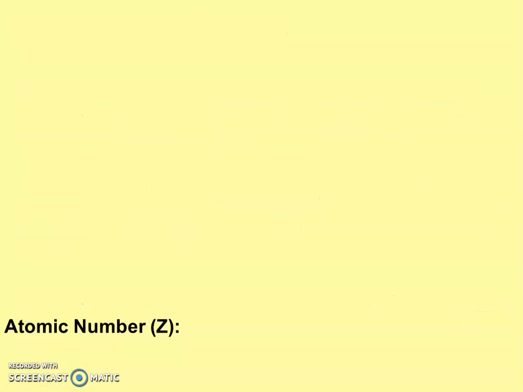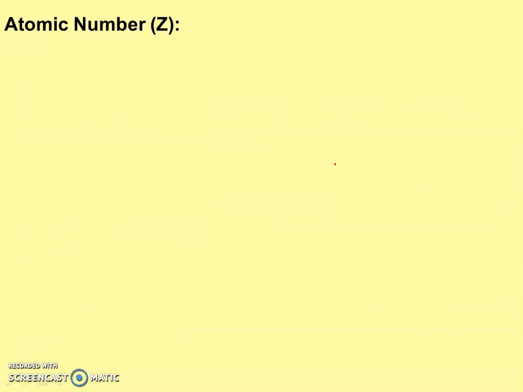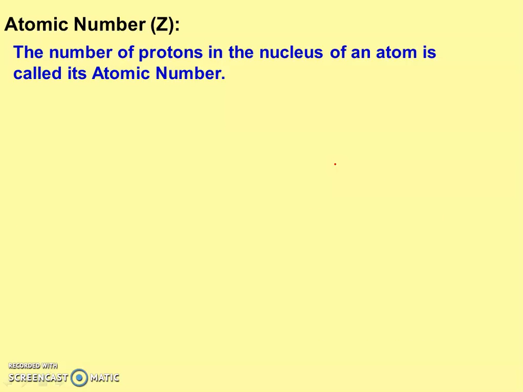Now, atomic number. The atomic number of any nucleus is nothing but the number of protons within the nucleus. So, the number of protons in the nucleus of an atom is called the atomic number.